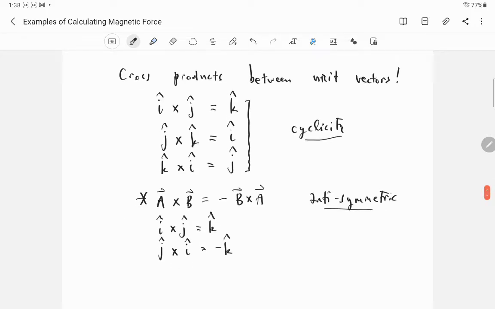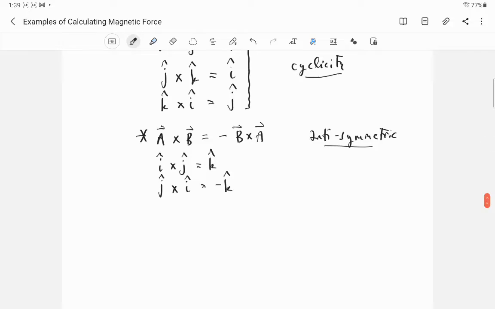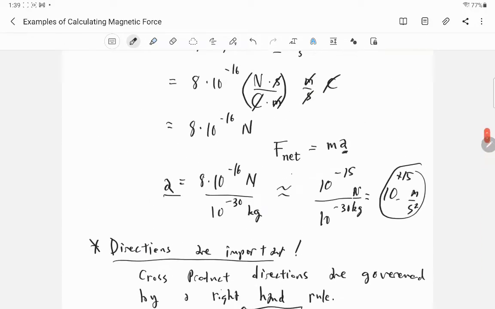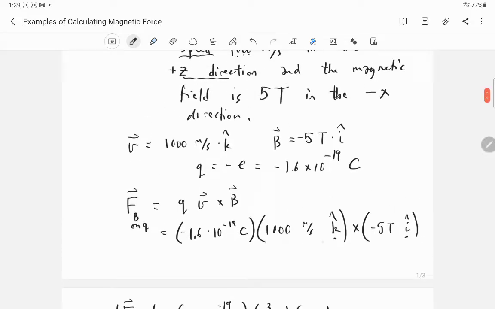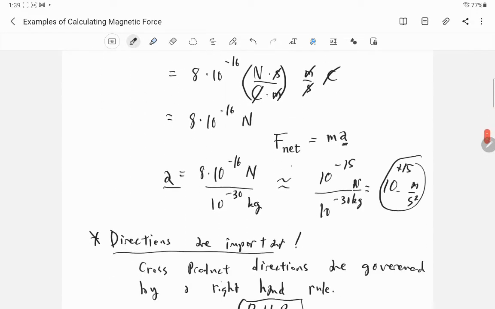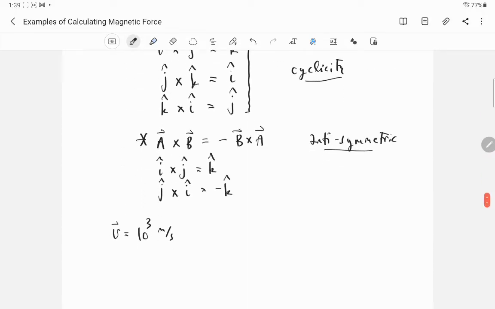Okay, so if I look at my original problem, the velocity was 1,000 meters per second, and I can't remember, what did we say? So the velocity was 1,000 meters per second in the z direction. Positive z is k hat.